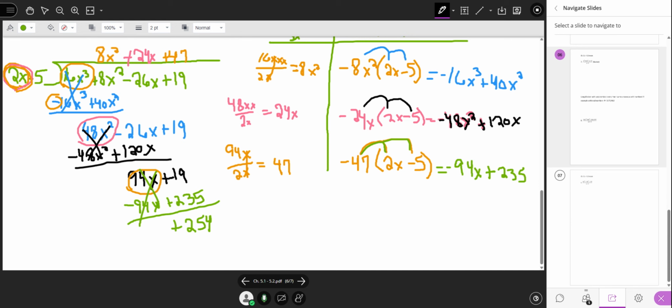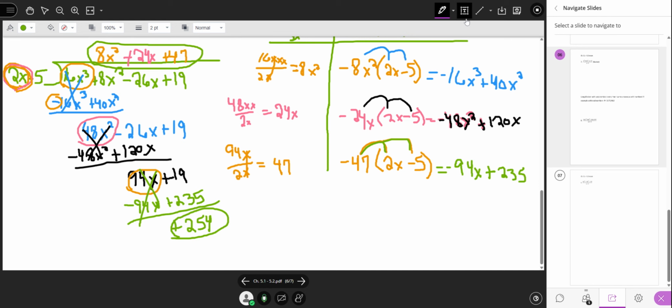Now, depending on how it asks for your answer depends on how you write your answer, okay? It may just ask for the quotient. It may just ask for the remainder in separate boxes.